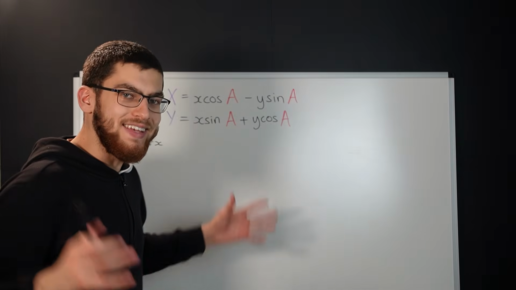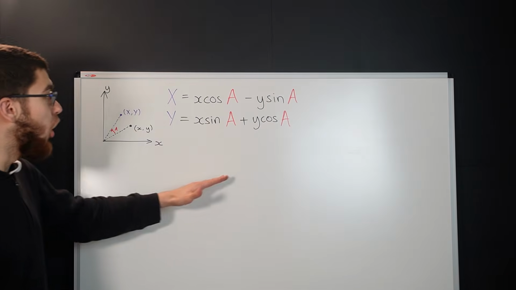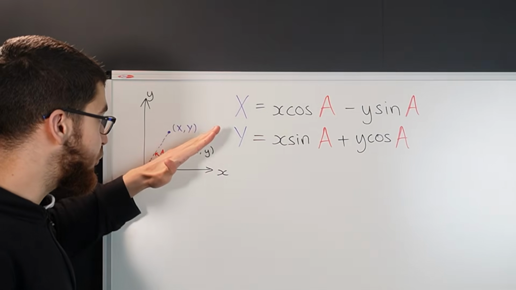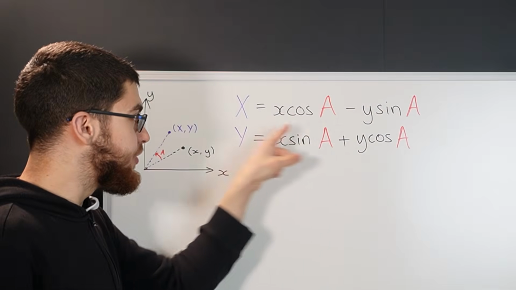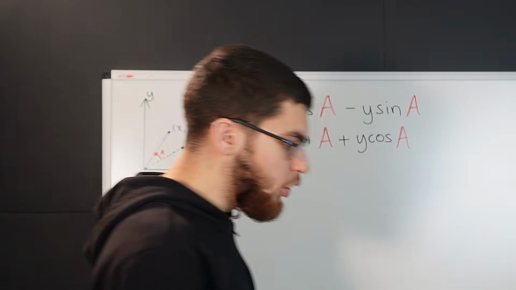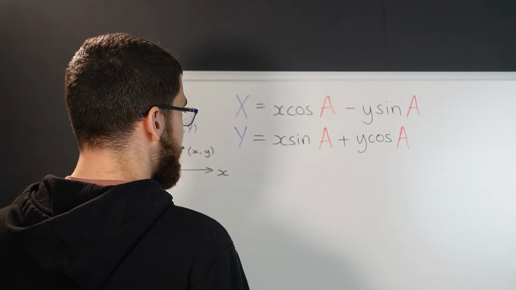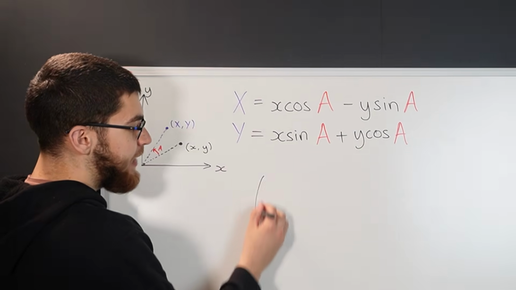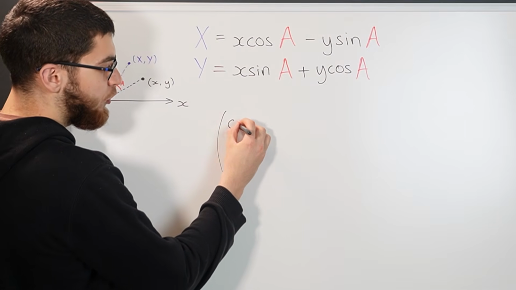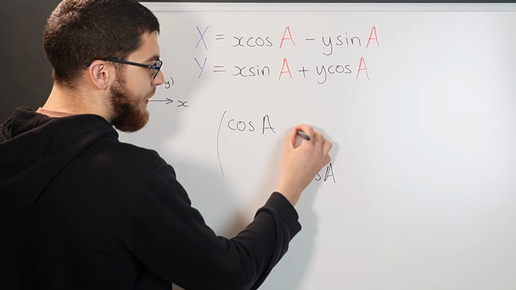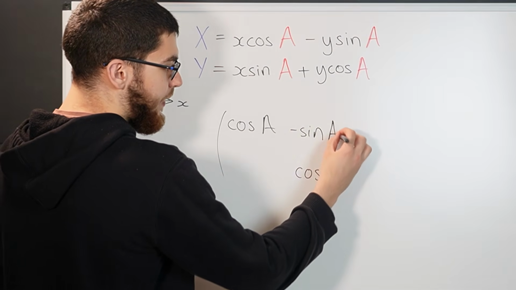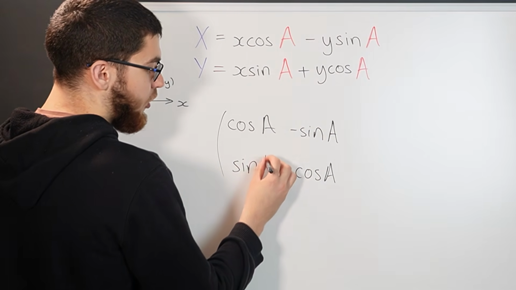So what was the point in all of that? Well, now we know to rotate a point XY to capital XY, you use these two equations, but there's another way to represent it, and that is using a matrix. If we take the matrix cosine A, minus sine A here, and sine A, cosine A here, notice what happens.